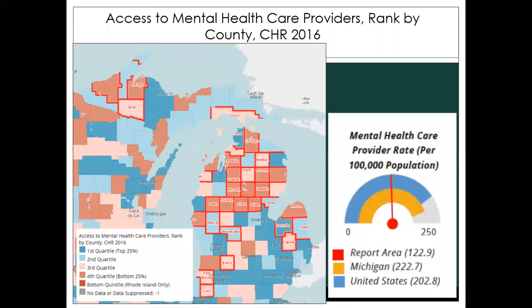This is one that really bothers me, and this is mental health care provider rates per population. And this area is particularly stricken with mental health issues because of the socioeconomic status, but has very low access and provider ratio to mental health care.